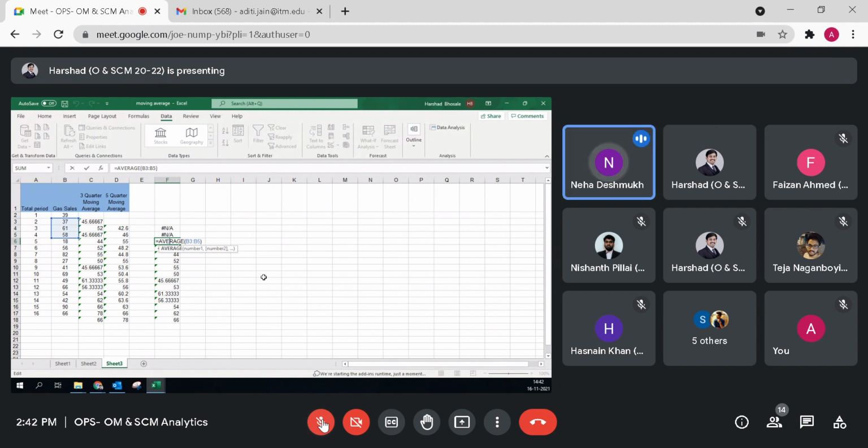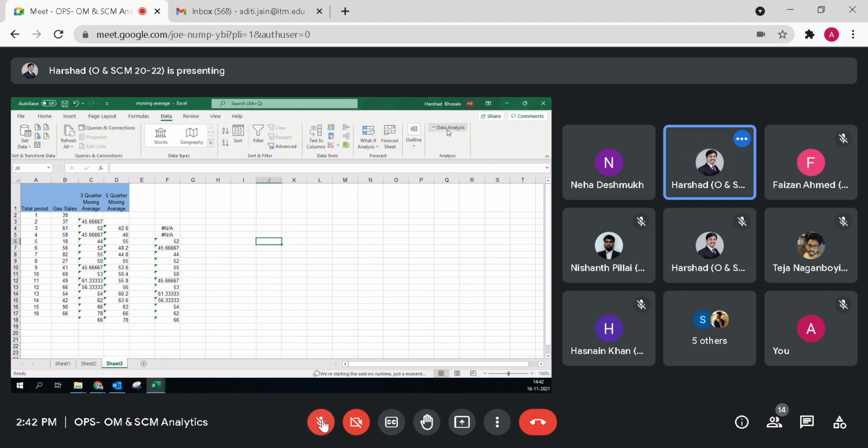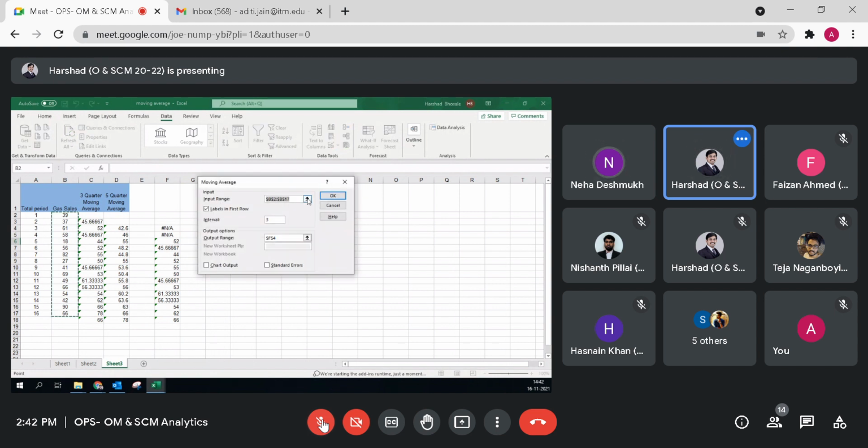You select data from B3. Same as what I did: I select data, then Moving Average, then OK. The interval is this, then labels: there is no label in the first row. Okay, so now you will get the correct answer.